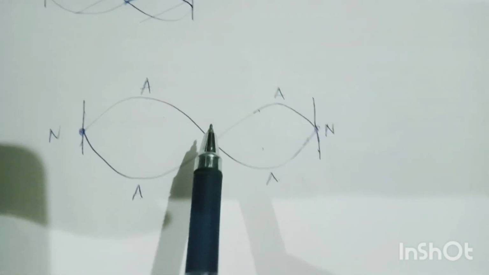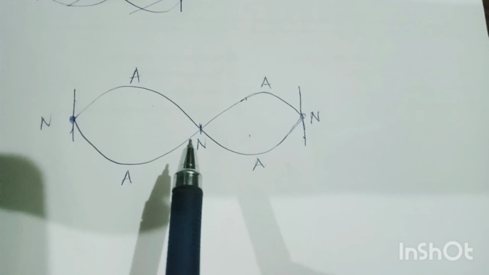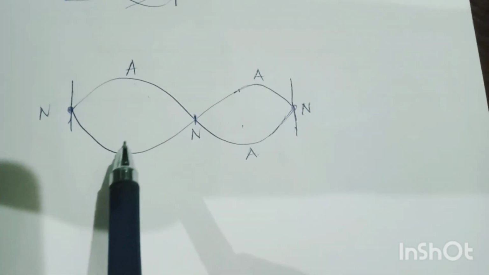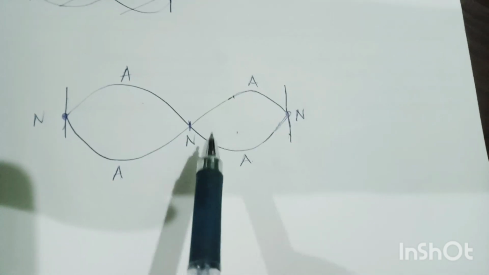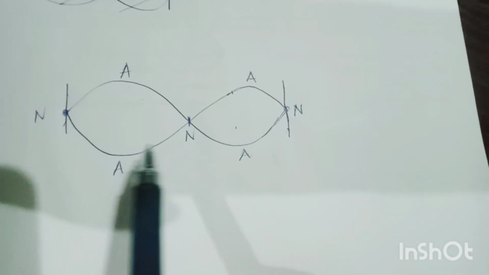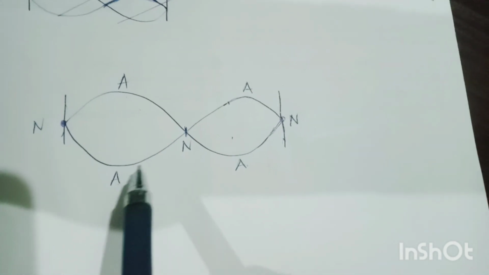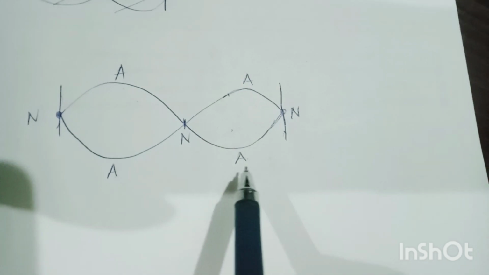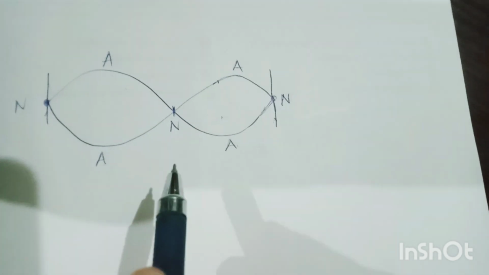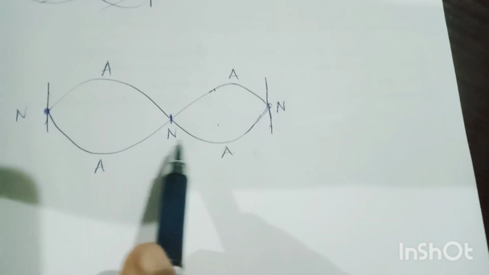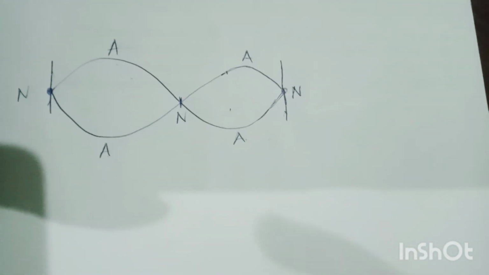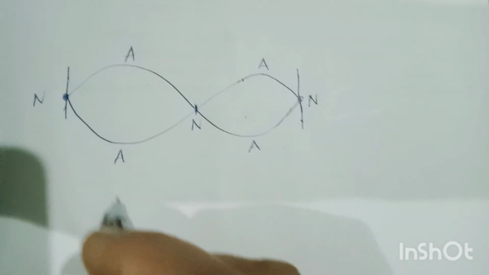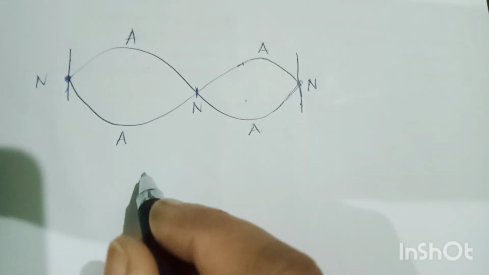The first harmonic is obtained by putting n equal to 1. The second harmonic is obtained by applying n equal to 2, and by applying n equal to 3 we get the third harmonic. Similarly, the higher the value of n, the higher the harmonic.